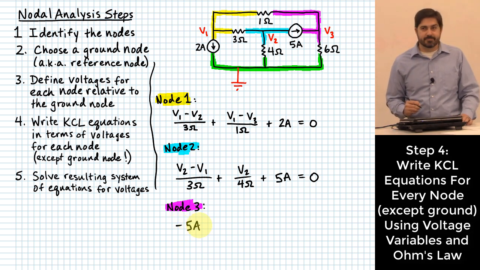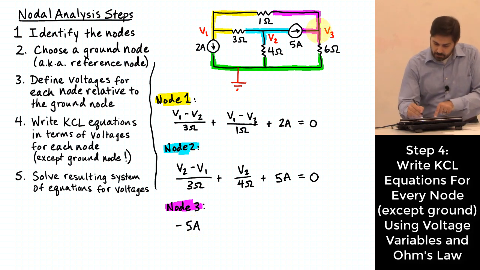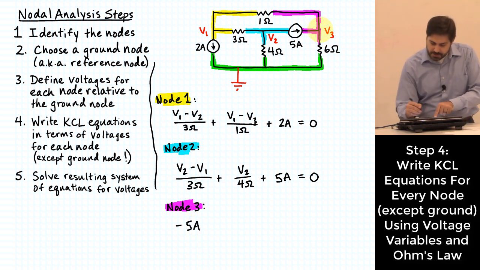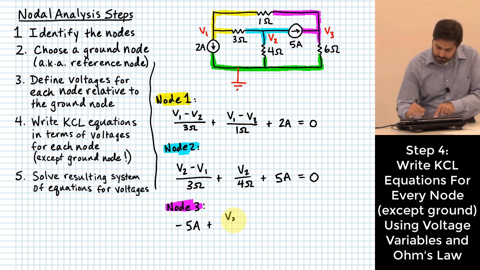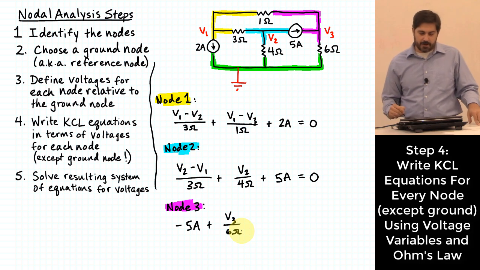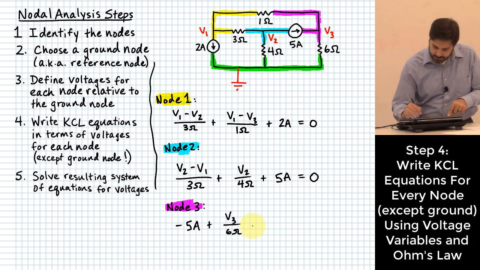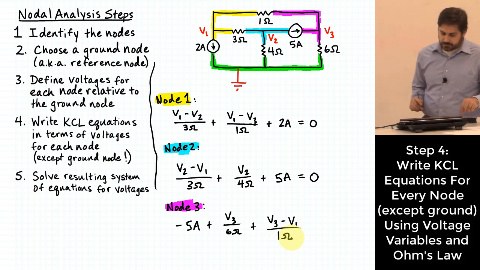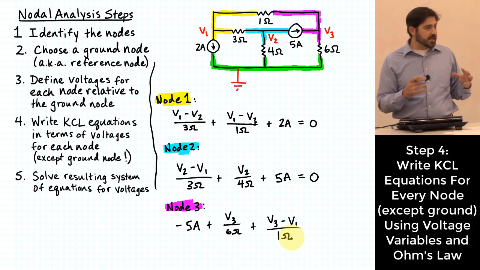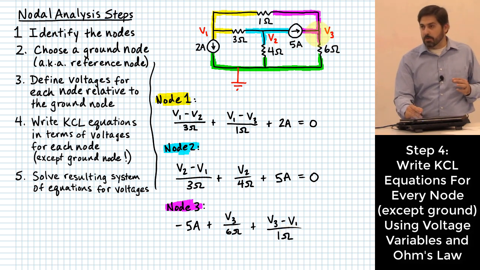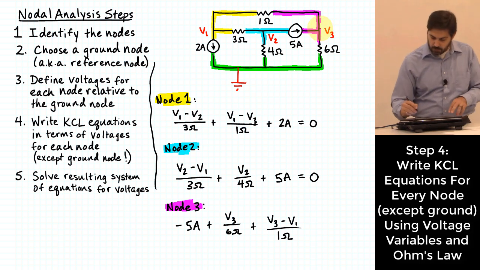Then what? Okay, plus V3 over 6 ohms. What else? Okay, plus V3 minus V1 over 1 ohm. Any other places where current could enter or exit the purple node? Nope.